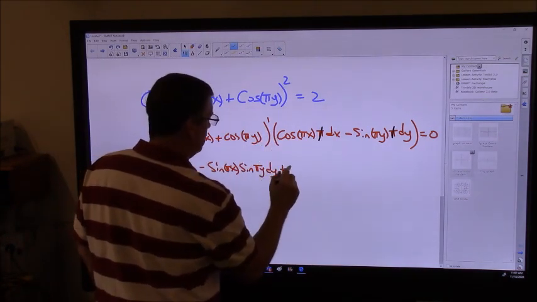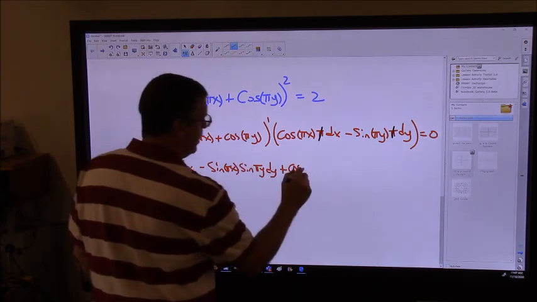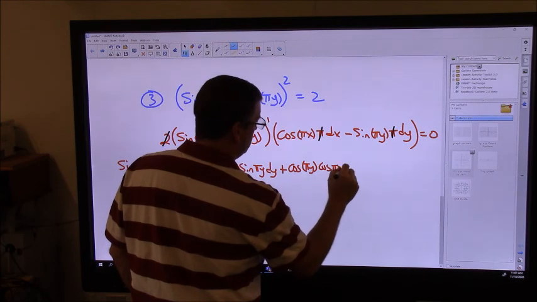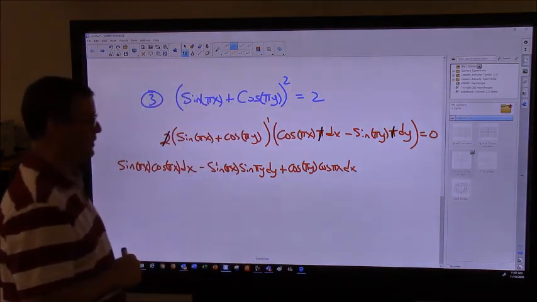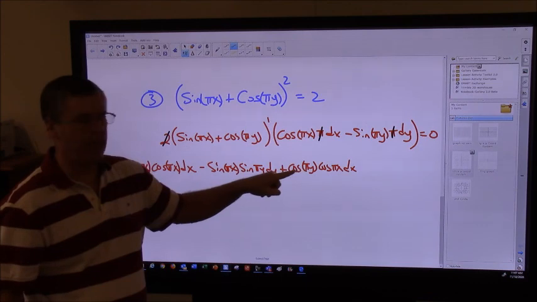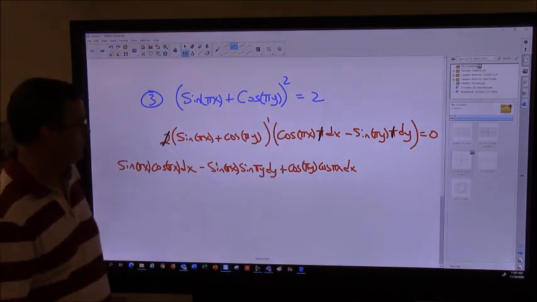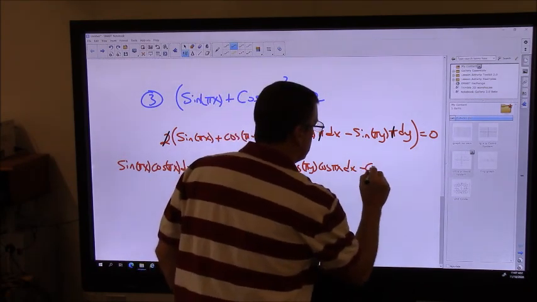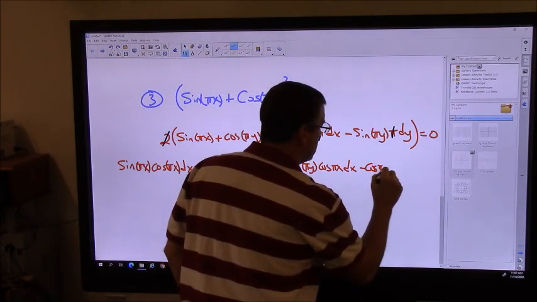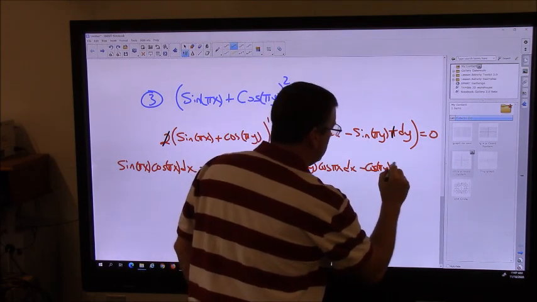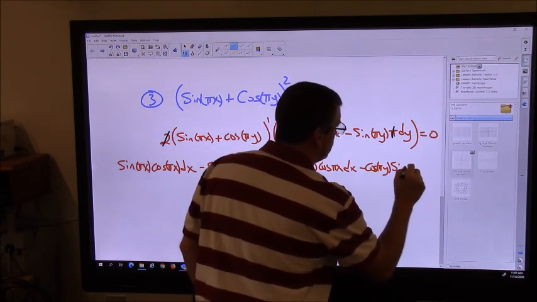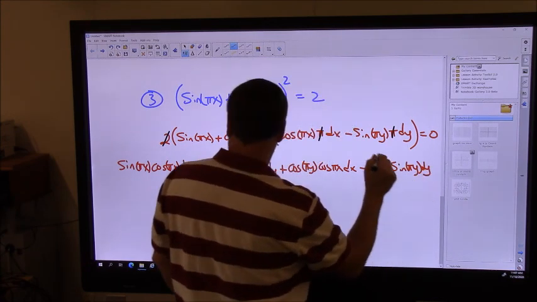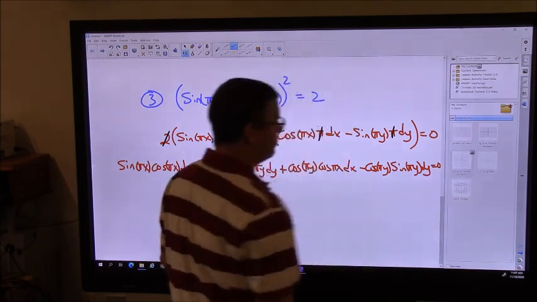So plus cosine of pi y times cosine of pi x dx. I can't call that cosine squared because the angles aren't the same. They're not like terms. So now I'll multiply these two and I'll get minus cosine of pi y sine of pi y dy, and that's equal to 0.